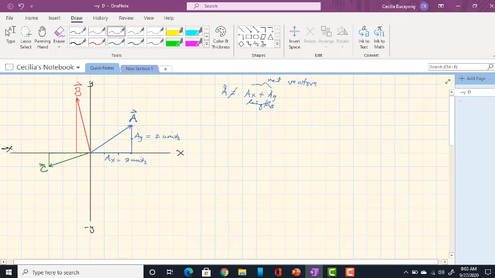Therefore, you cannot add two non-vectors to give you a vector quantity. So you need to add vectors to have a resultant vector. So AX is 3 units plus AY 2 units. That's 5 units. So it's not equal to our vector A.